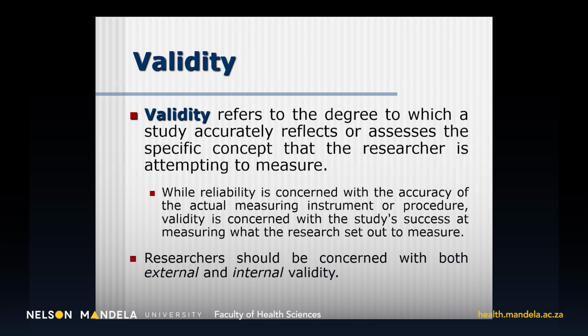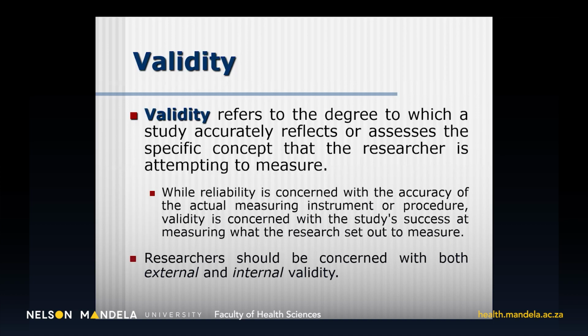This is important to understand, the distinction between reliability and validity: the degree to which a study accurately reflects or assesses the specific concept that the researcher is attempting to measure. I think we all understand where this is headed. Does your study reflect exactly what you're attempting to measure?